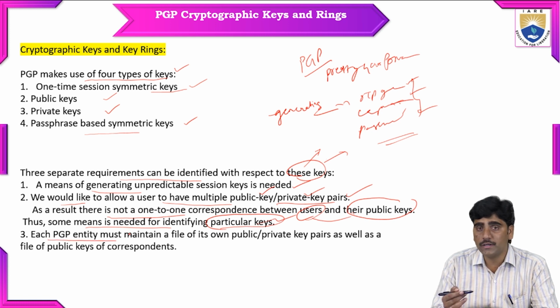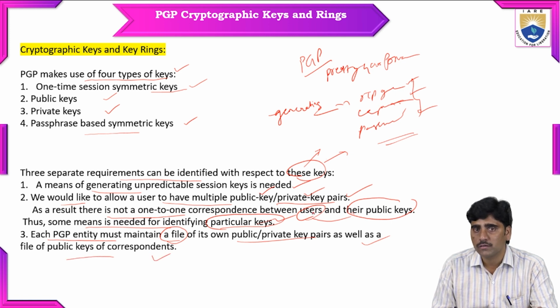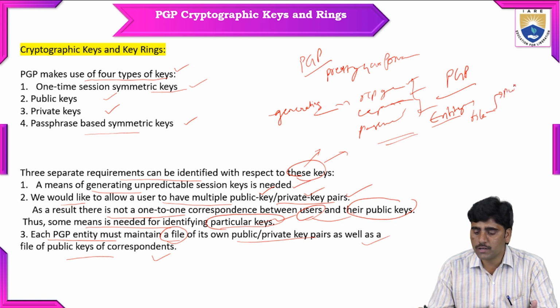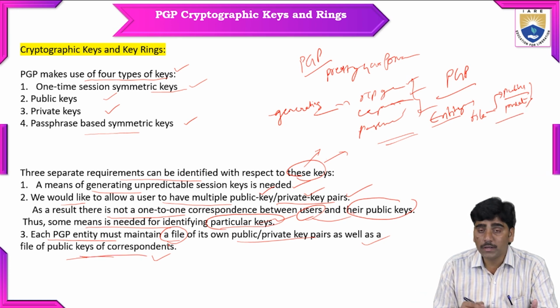So each PGP entity must maintain a file of its own public or private key pairs, as well as a file of public keys of correspondents. The PGP entity shows the behavior of a particular class or object.